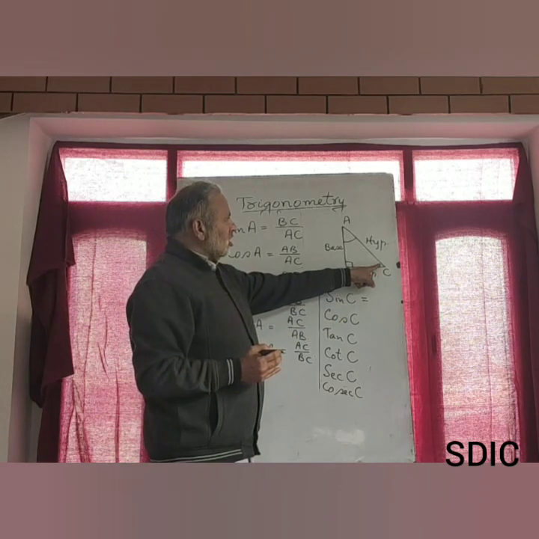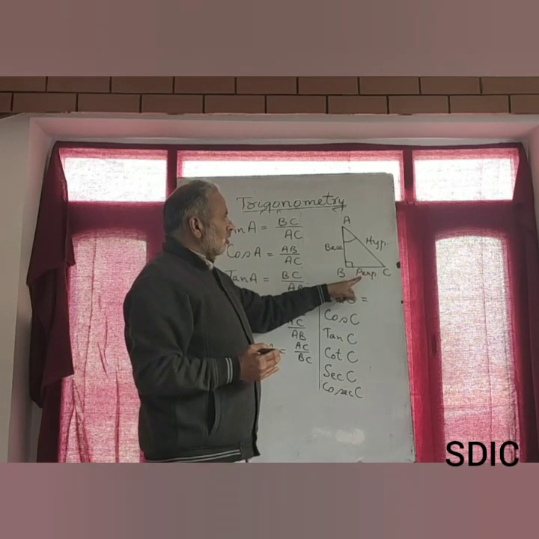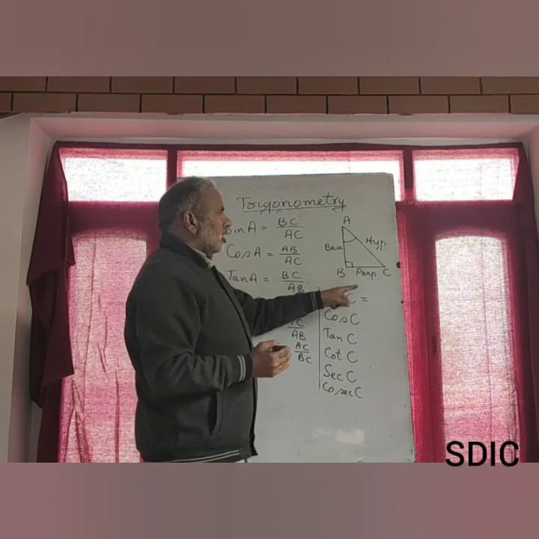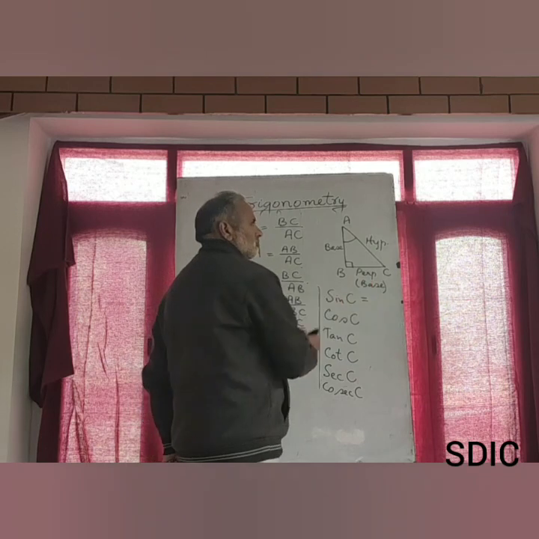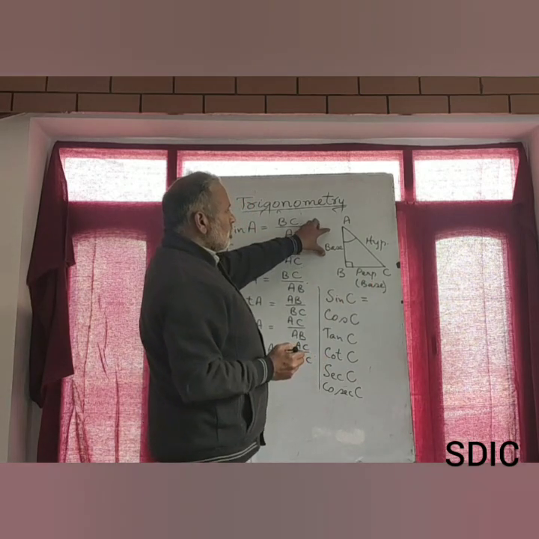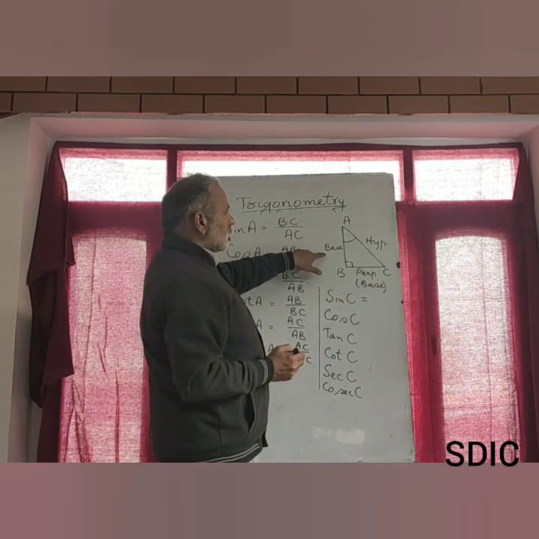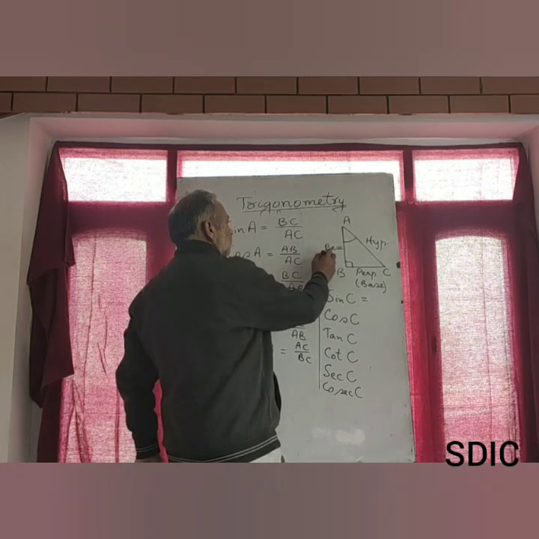With respect to C, BC now will no longer be perpendicular. It will now be the base. Similarly, AB no longer will be the base. It will now be the perpendicular.